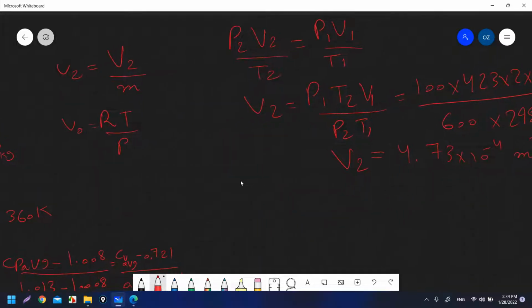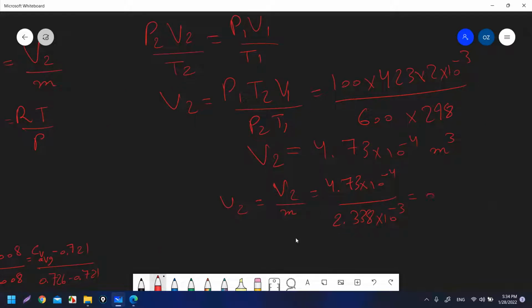Okay, and then you can find small v2. Small v2 is equal to V2 over the mass. It is equal to 4.73 times 10 to the power negative 4 over the mass 2.338 times 10 to the power negative 3, and equal to 0.2023 meter cubed per kilogram.